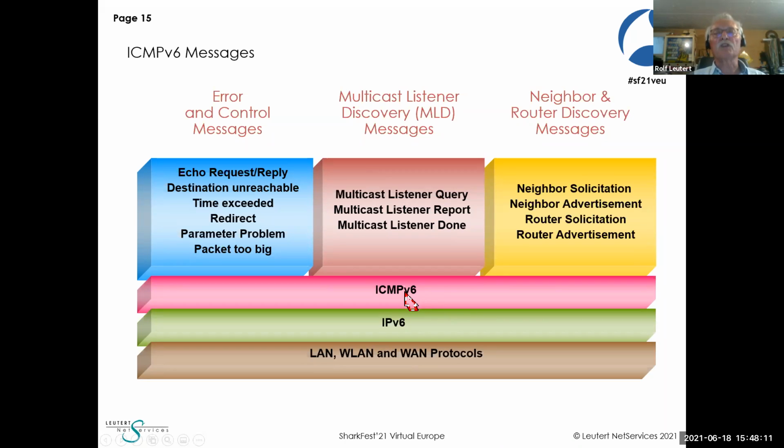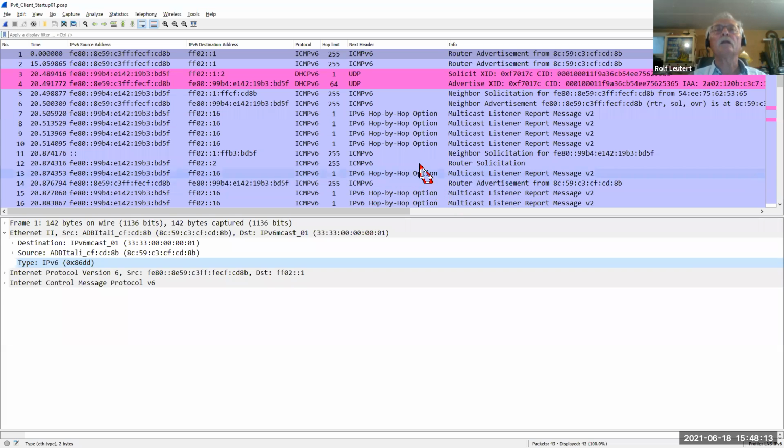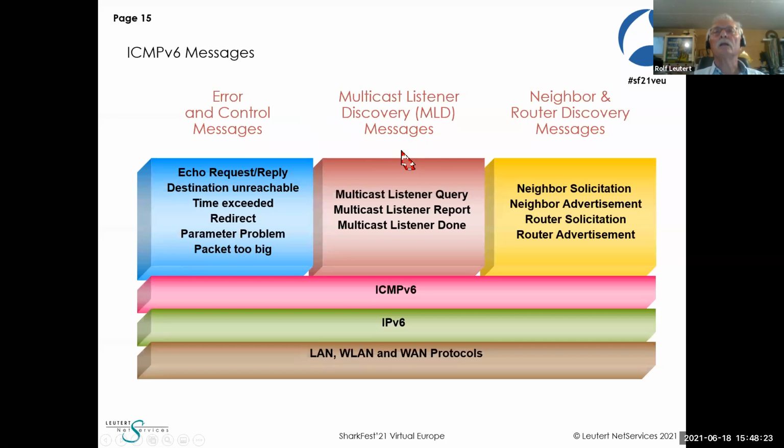So ICMPv6 plays an important role. Again, you see a lot of ICMPv6 here. So it has much more functionality than in IPv4. We are not looking at this one here. These are the ones you know already from IPv4. But we have new ones. We are going to look at these ones.